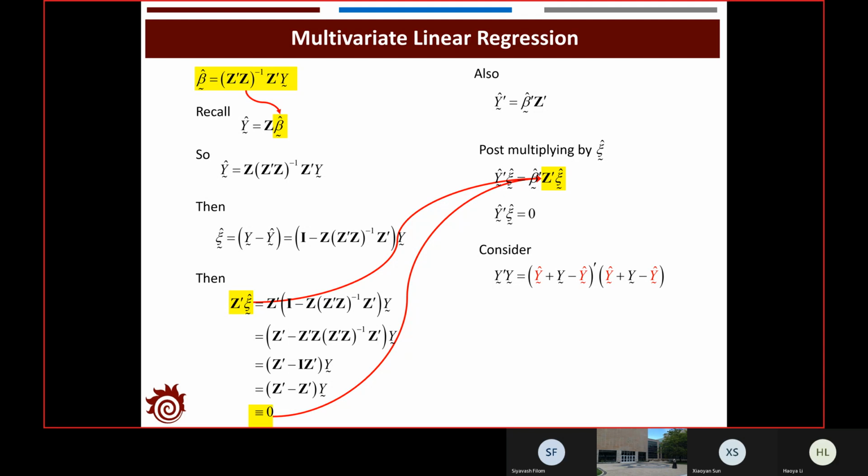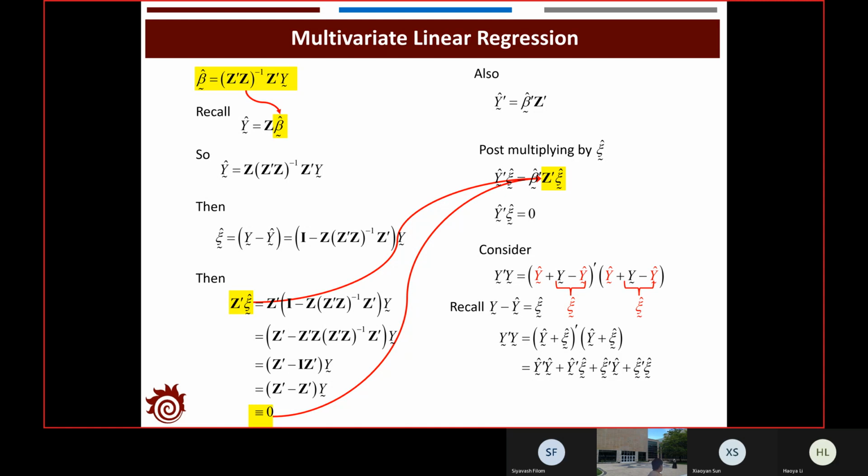We can add y hat and subtract y hat, so it will still be y. And we know that y minus y hat is epsilon hat, the residual. You can get the value as y hat plus epsilon hat, transpose, times y hat plus epsilon hat.